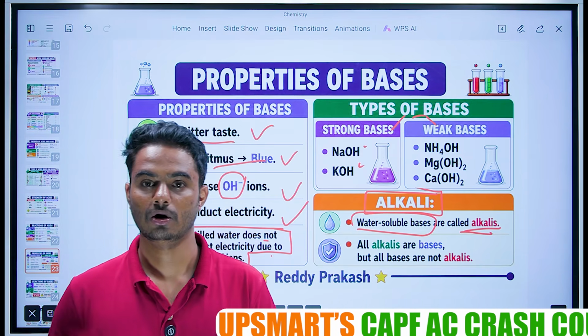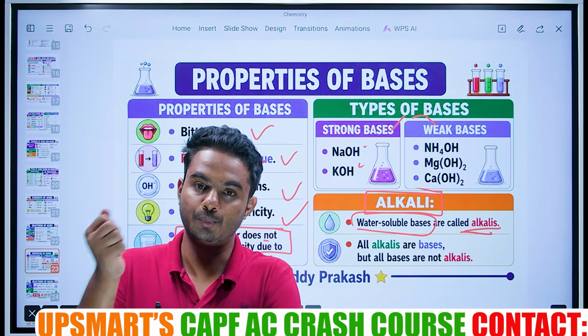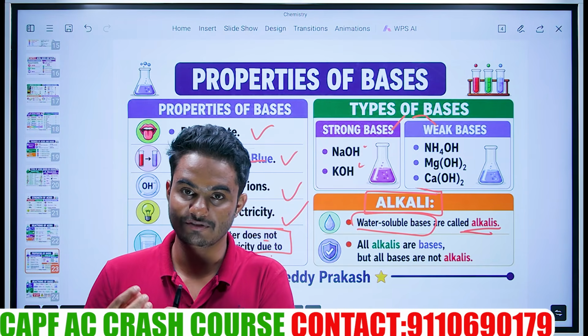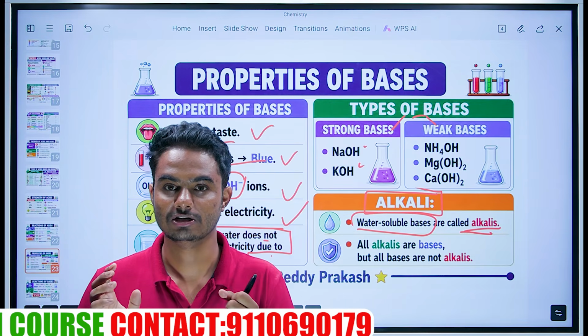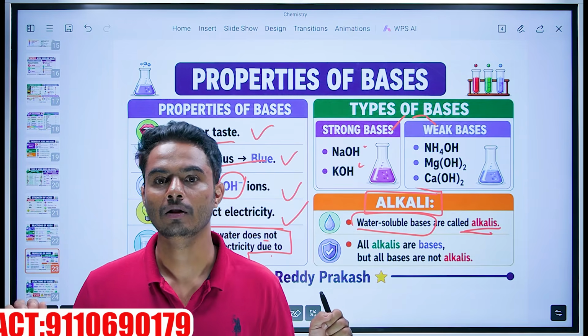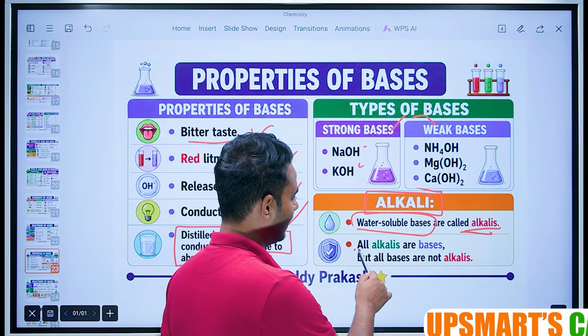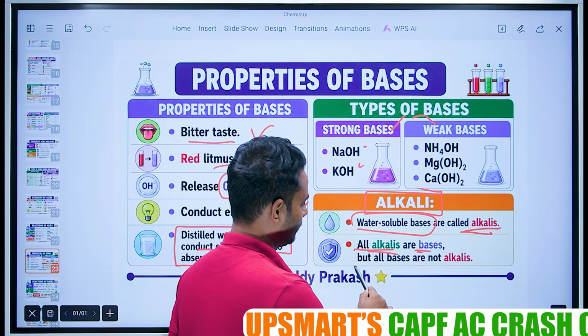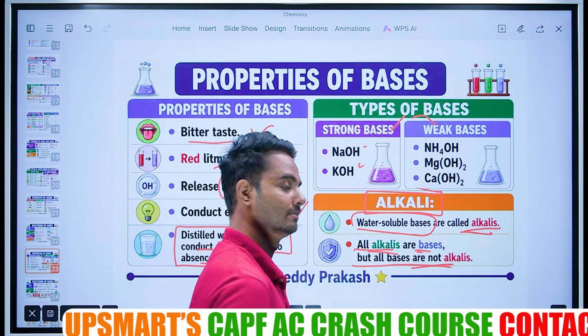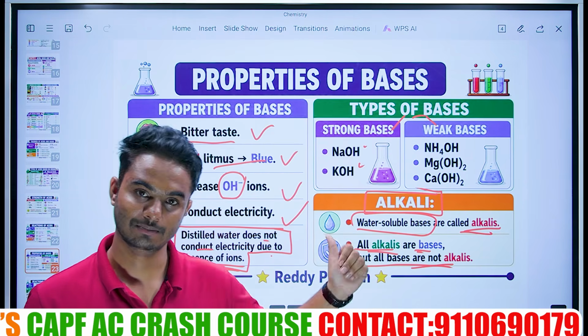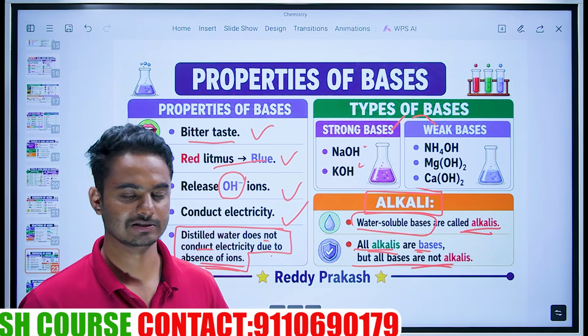When a base is put in water, and that base is soluble in water, then it is called an alkali. If it is not soluble, it is not an alkali. So all alkalis are bases, but all bases are not alkalis. Confusing but easy, sir.